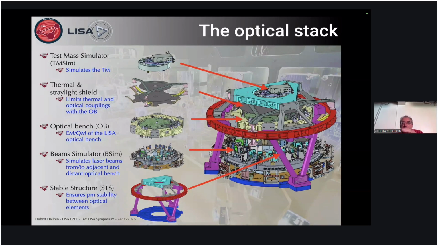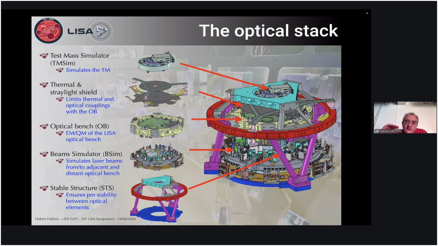So just let's focus a little bit on how it will look like. Here I have just represented the optical stack, which is basically the optical part of the end-to-end test, which consists of different optical systems. So in the middle of this tower, you have basically the optical bench that will be the main system under test.